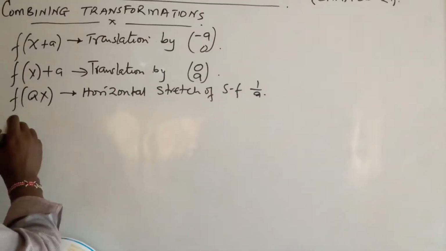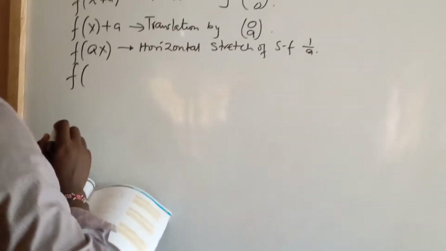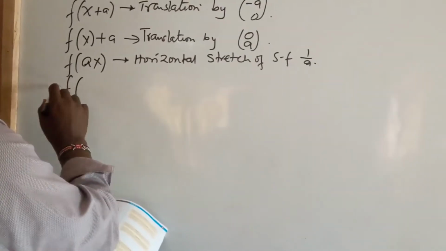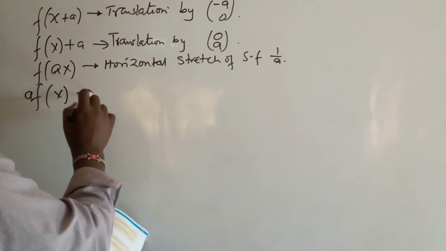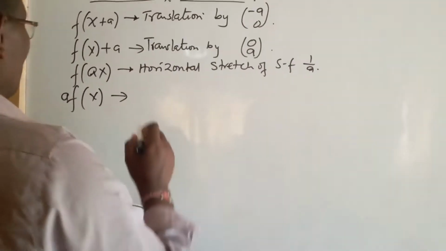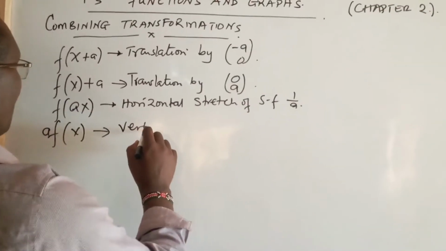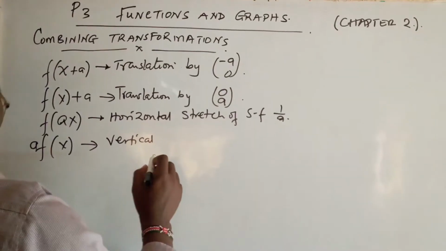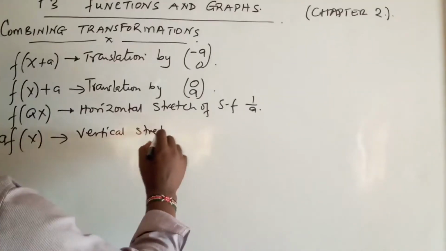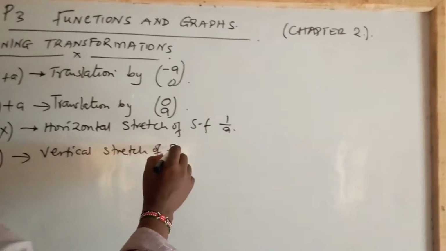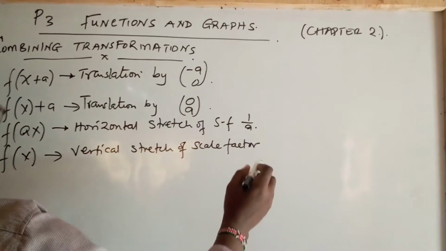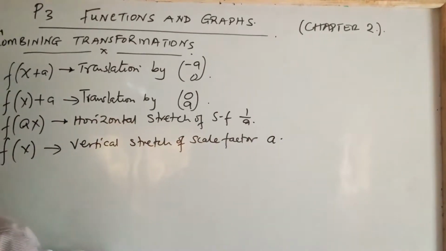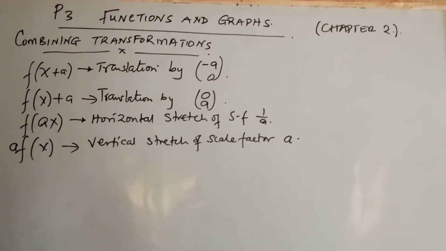And if you happen to have a transformation of a multiplied by f of x, this is of course a vertical stretch of scale factor a.